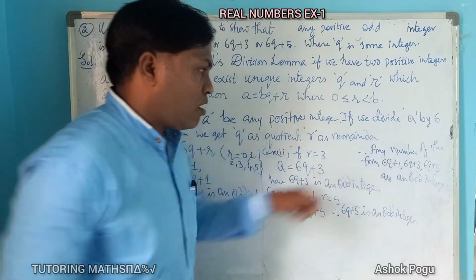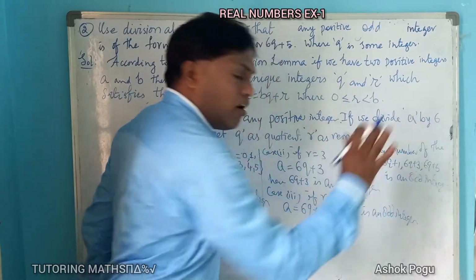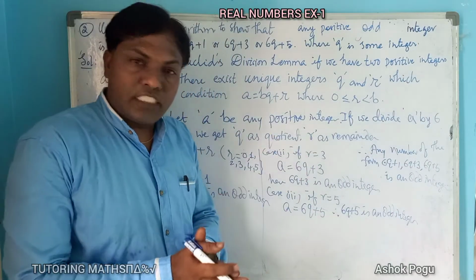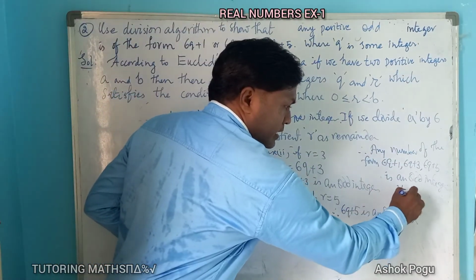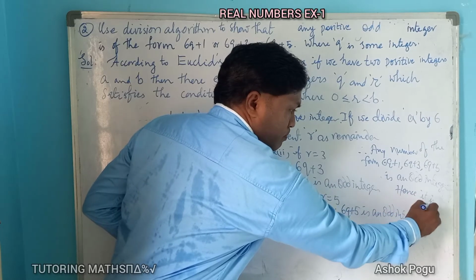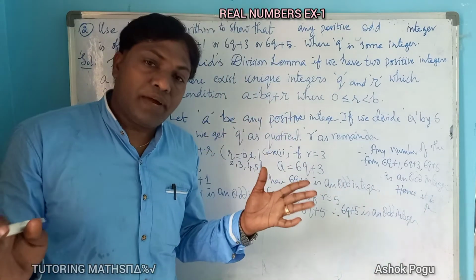Any number of the form is an odd integer. So hence it is proved. It's very clear, my dear students.